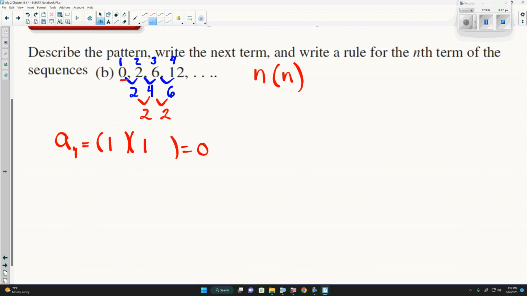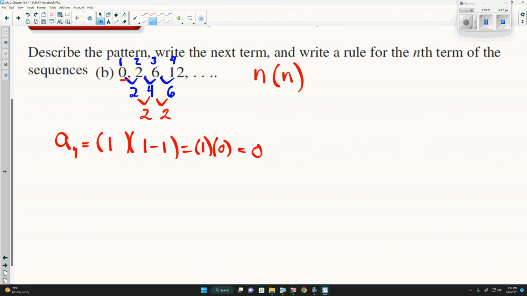The only way we can multiply together to get 0 is if one of these two is what? So how could I change something here and get a 0? Subtract what? 1. Because now, well, the first one's going to stay, but 1 minus 1 is 0, and 1 times 0 is 0. So it works for the first, yes?